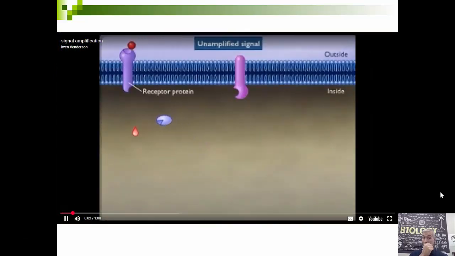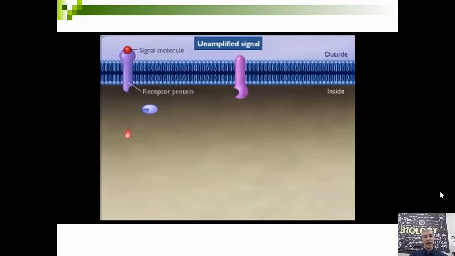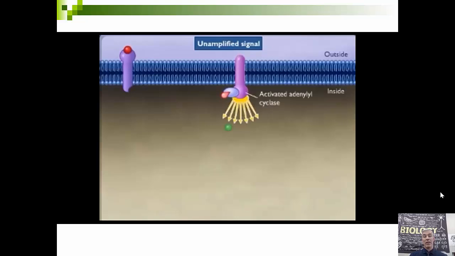So here's showing you that process of amplification. This is unamplified. So now you can see here, it's just one thing going and activating an enzyme. This is very linear looking. So if it was just like this, there would not be a lot of things.